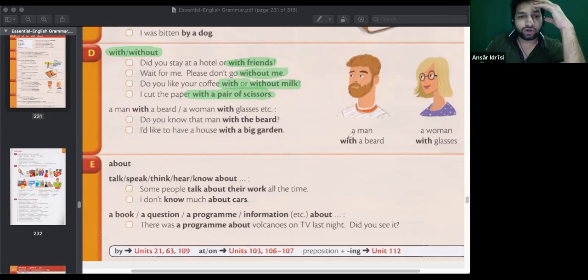Next one is really very important. For example, a man with a beard, a woman with glasses. Do you know that man with the beard? I'd like to have a house with a big garden.